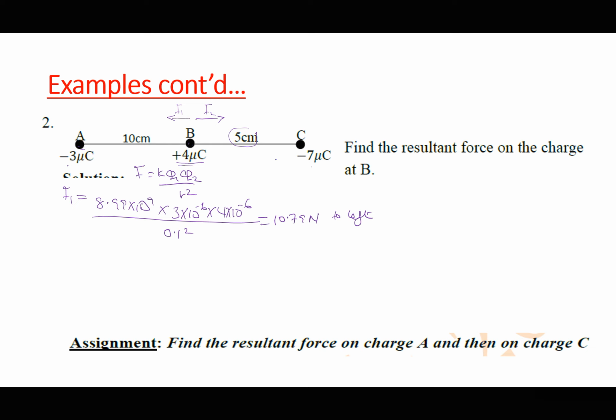If I consider the charge C, I will call this F2. The force experienced by B caused by C is to the right. And this will also be 8.99 times 10 power 9 times the product of the charges 4 times 10 power negative 6 times 7 times 10 power negative 6, divided by the square of the separation, which is 0.05 squared.